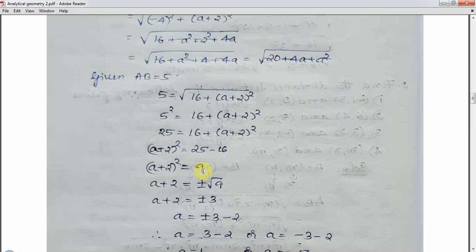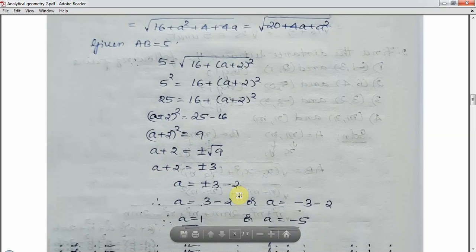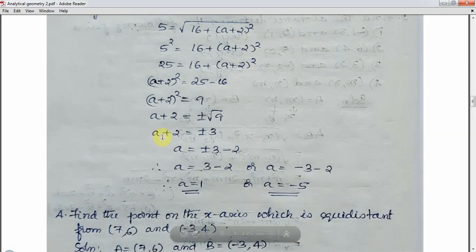Square root and square get cancelled. This becomes square root of 9, plus or minus. So a plus 2 is equal to plus or minus root 9, root 9 is 3. So a will be equal to, if I take this plus 2 to that side, it becomes minus 2. So a is equal to plus or minus 3 minus 2. Now these are two numbers, plus 3 and minus 3.